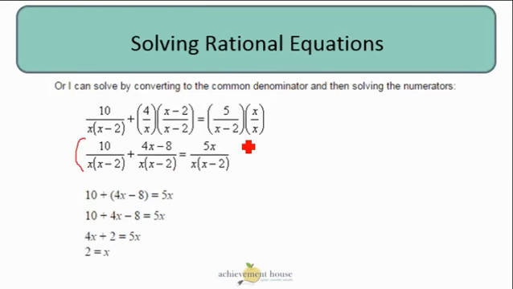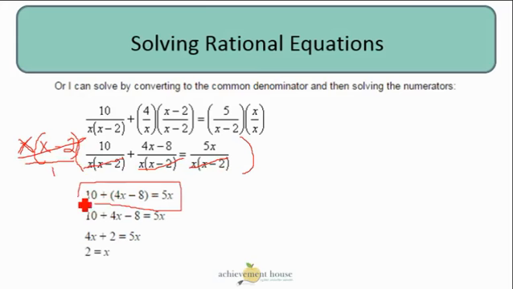If I multiply the entire equation, both sides of it, by x times x minus 2 all over 1, it's going to divide out all three denominators. And therefore, I'm left with the numerators. I can just add the numerators. 10 plus 4x minus 8 equals 5x. Solve for x, and I get the same answer, x equals 2.